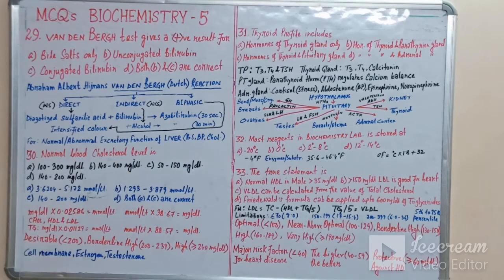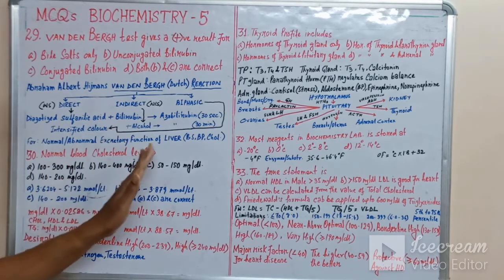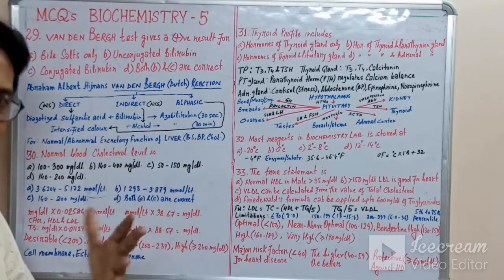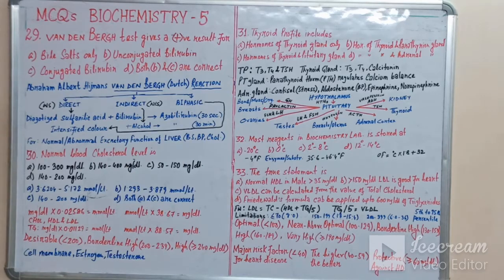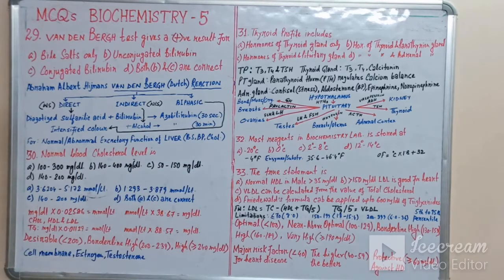In the case of direct, that is the conjugated or water soluble bilirubin, we do the reaction in such a way that diazotized sulfanilic acid reacts with bilirubin and forms an azobilirubin compound, a purple color compound, within 30 seconds. So it is about the direct.